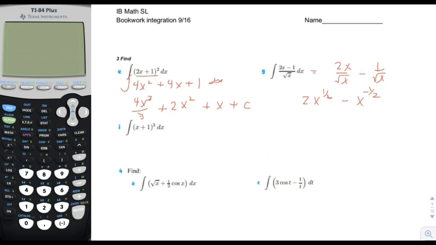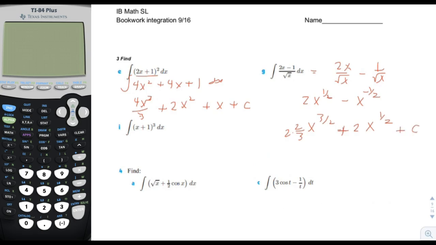So now we'll take the integral of each of these. So it'll be that, and I think that's right.